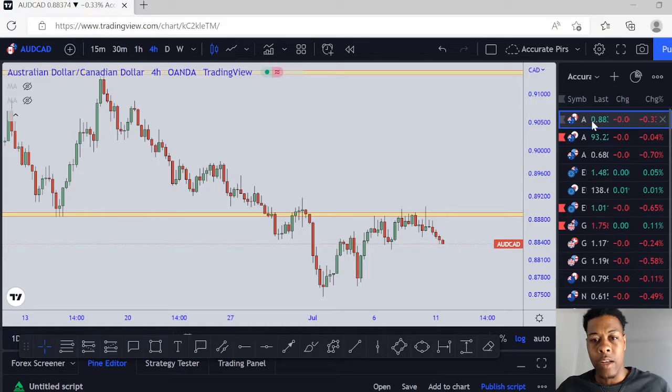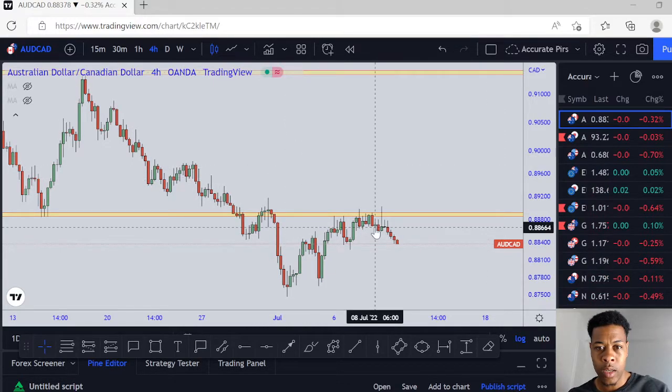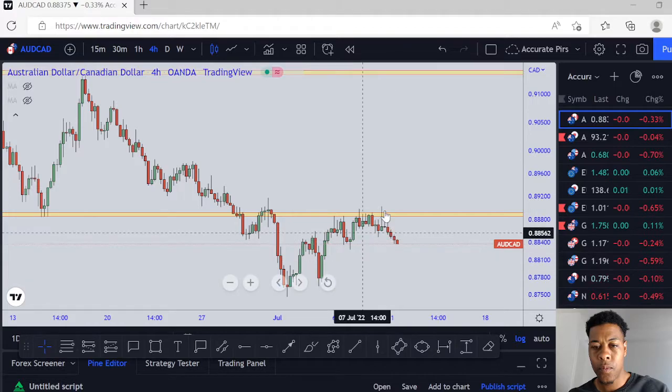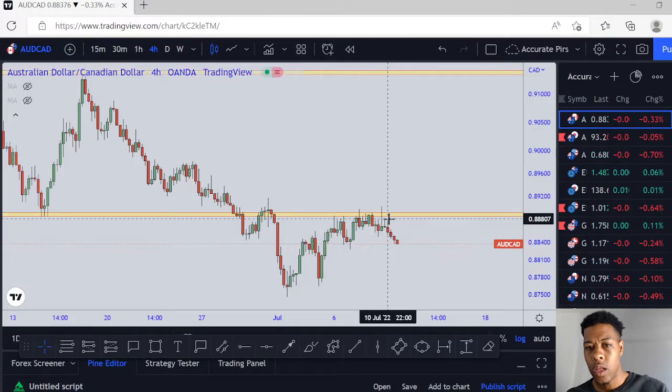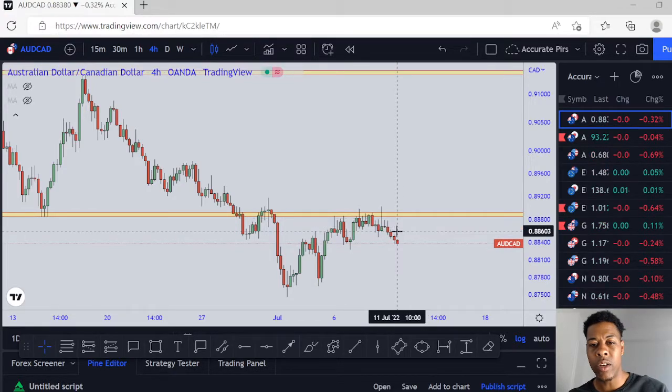Right, we're going to start off with AUD CAD. This was actually a good trade to take, but the problem with it is you wouldn't want to hold your trade over the weekend, so you would have had to ignore this trade setup for AUD CAD.